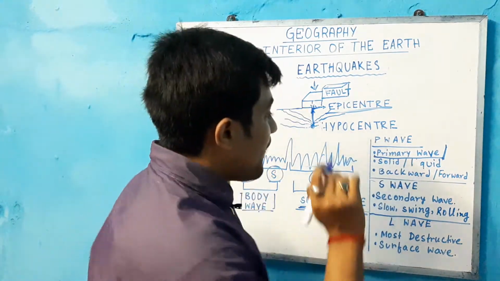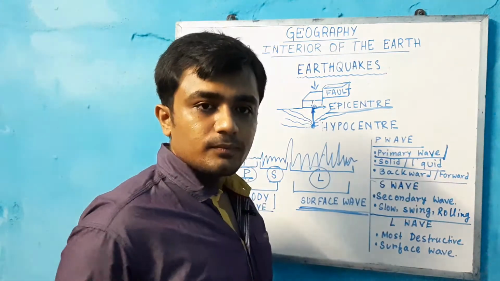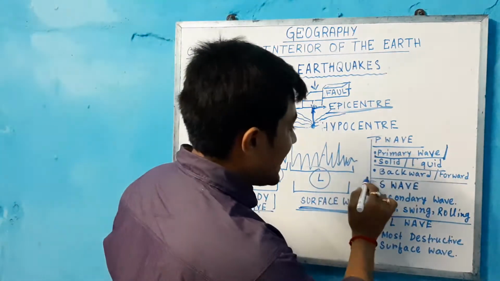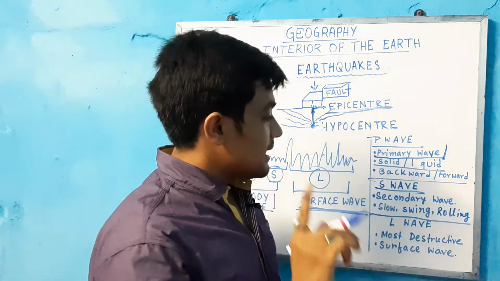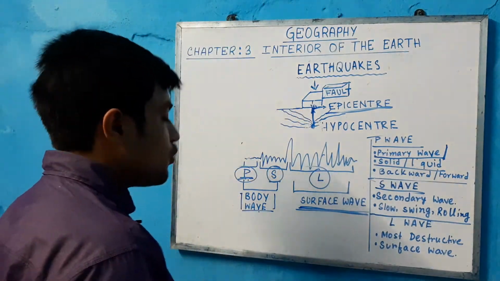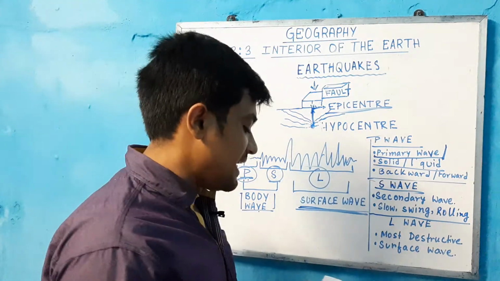Okay. And passes through solid as well as liquid. Clear? This is P wave. Complete. Second body wave is the S wave, known as secondary wave. Okay. And also known as shear wave. Secondary wave or shear wave.